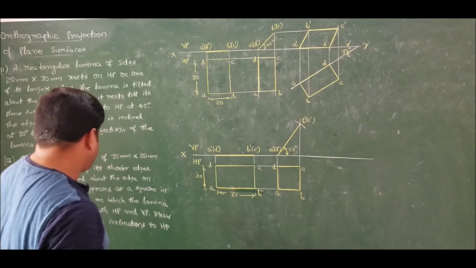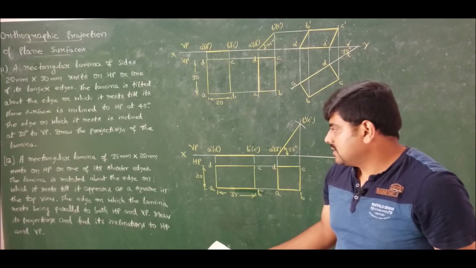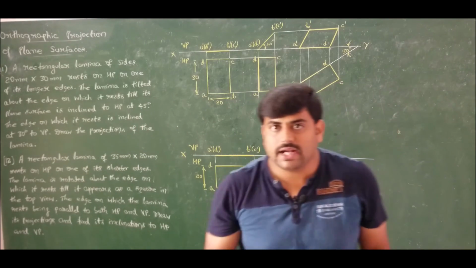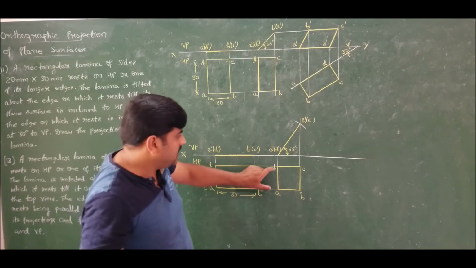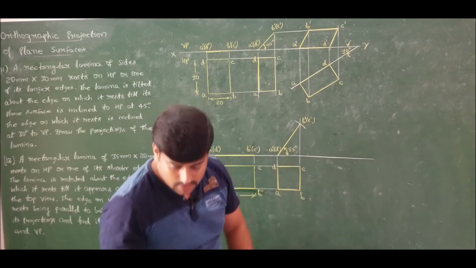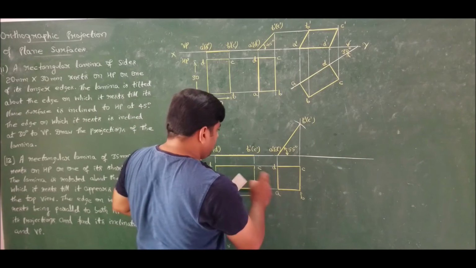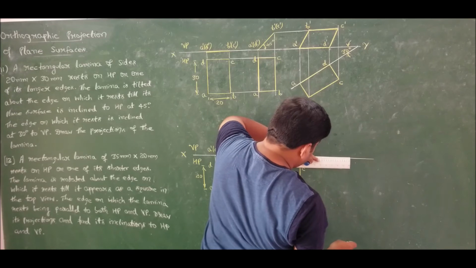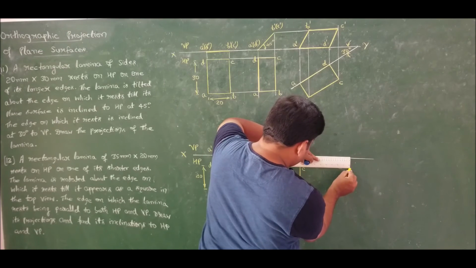Now what he says: the edge on which the lamina rests is parallel to both HP and VP. It is resting on the edge A dash B dash, so A dash B dash should be parallel. Now make it parallel. We know the dimension, that is 20 mm, so draw a 20 mm line. No need to take projection.